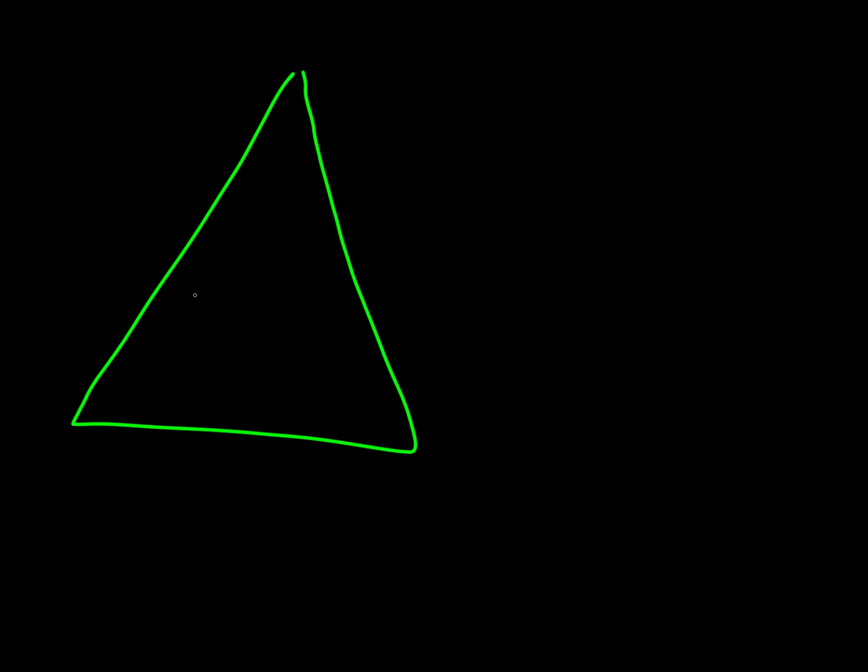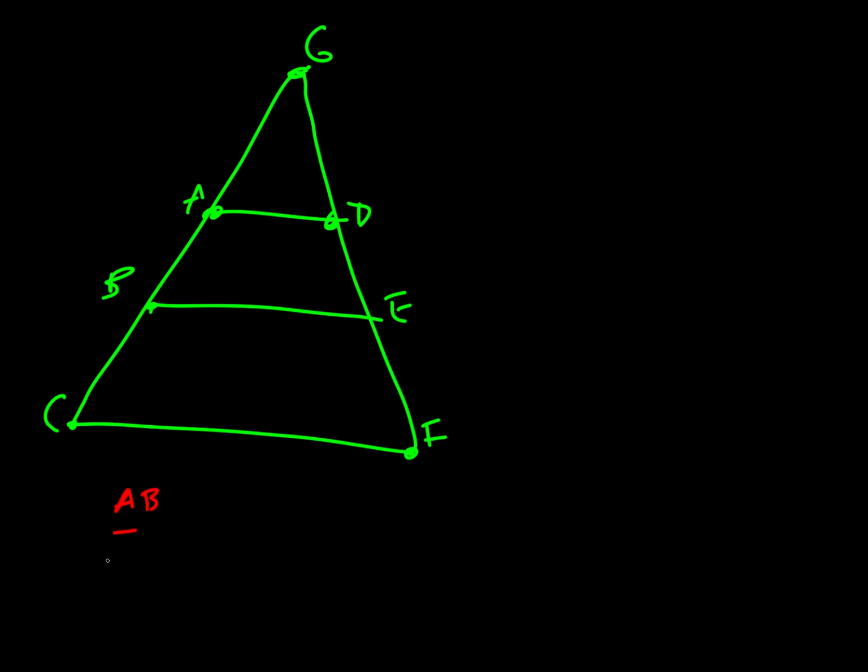So if I have this situation, A, B, C, D, E, F. Then up here's G. And if we are given AB over BC, we want to know how that compares to DE.